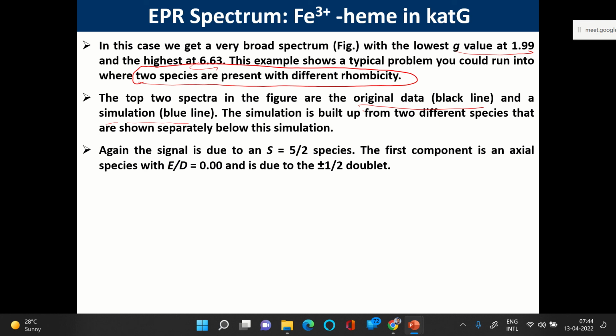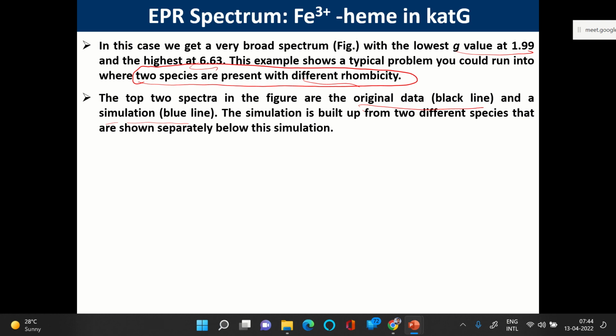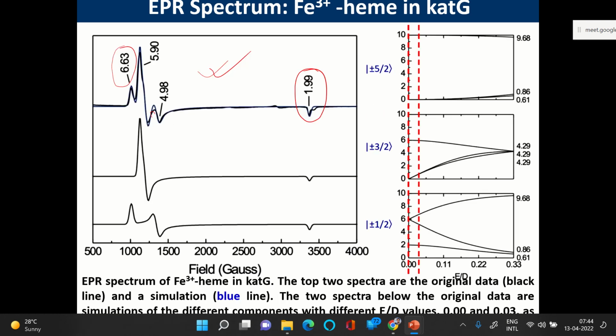So, two different rhombicity that we are talking about, if we have to find, then the first component we can see is at when rhombicity is 0. At this point you can get this particular value of 6 point something over here.